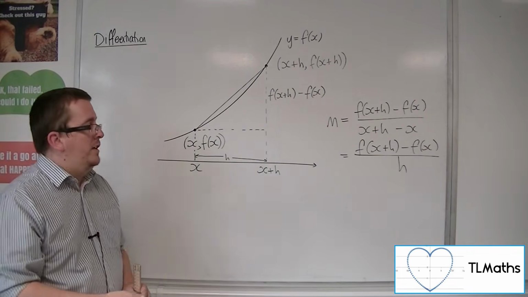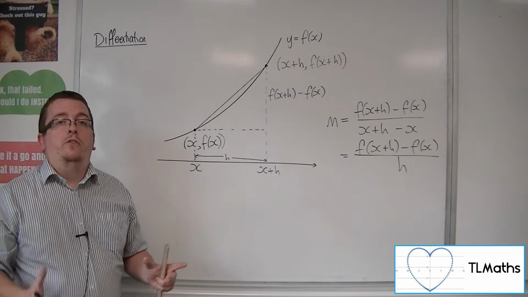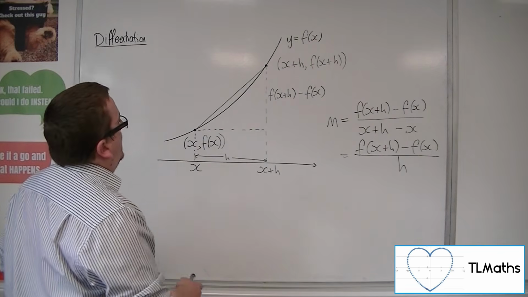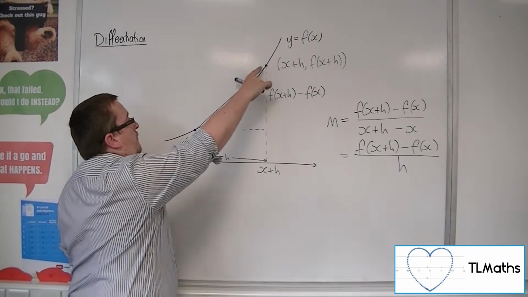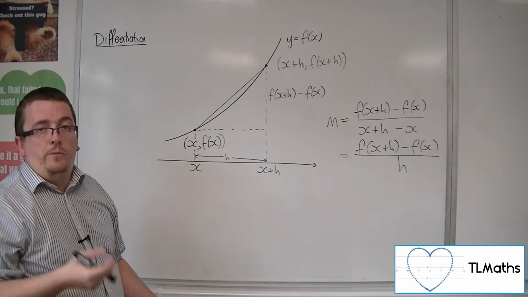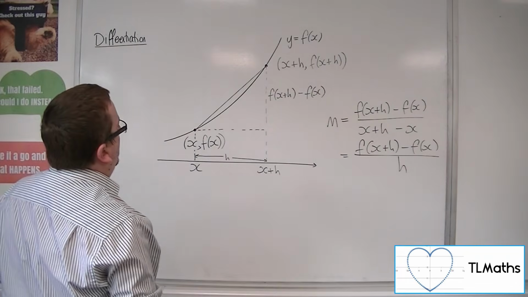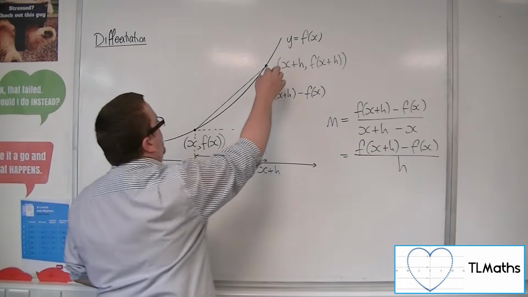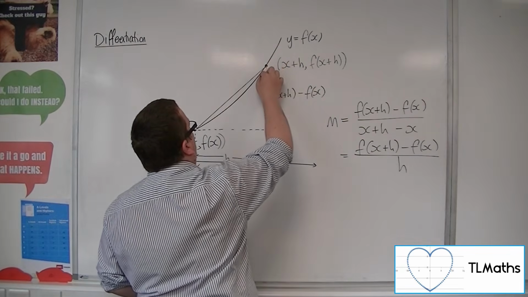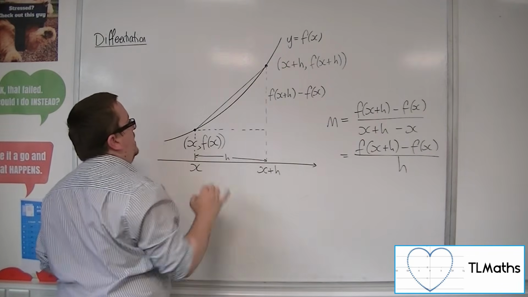Now, that's all well and good. Okay, so I'm going to have an estimate for the gradient, but this point is quite far away at the moment. Okay, although I'm saying that h is a small distance, in the grand scheme of things, it's quite far away. So what I want to do is think about bringing that point closer to this one, so dragging it along the curve.